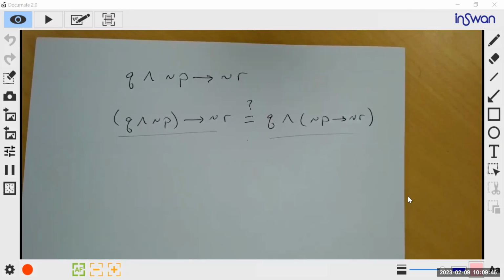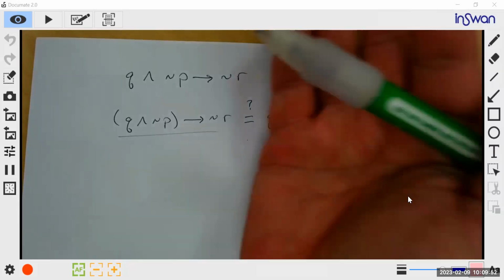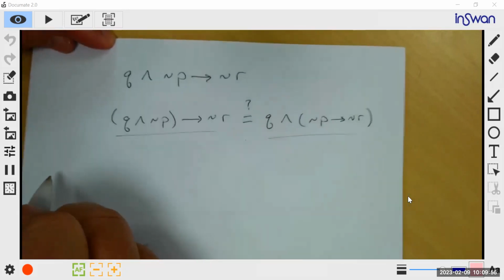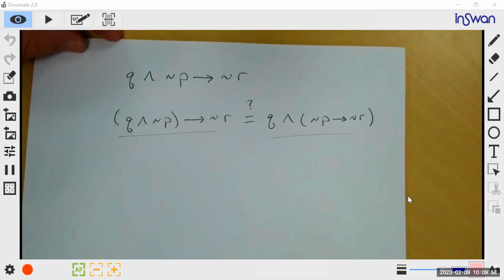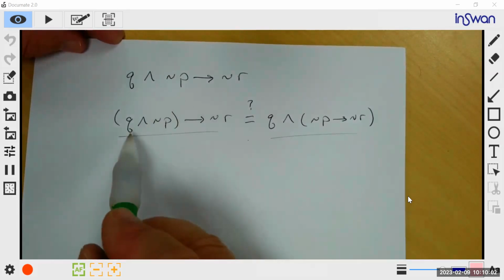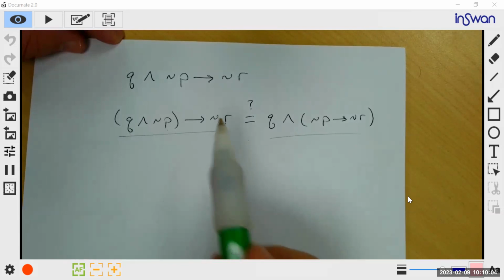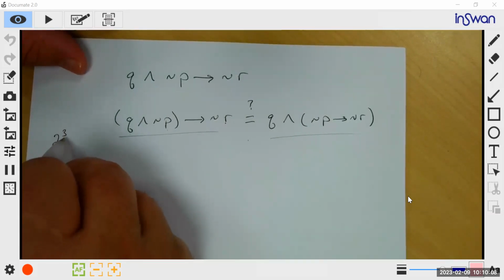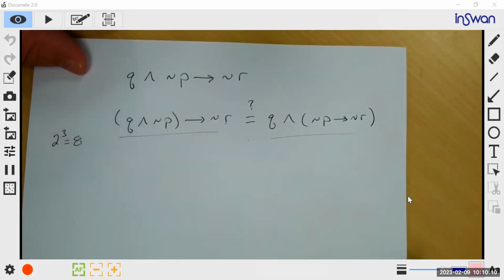How many rows are we going to need? We're doing this one first. How many letters are there? There's P, Q, R. 3 letters. So 2 to the power of 3 equals 8.